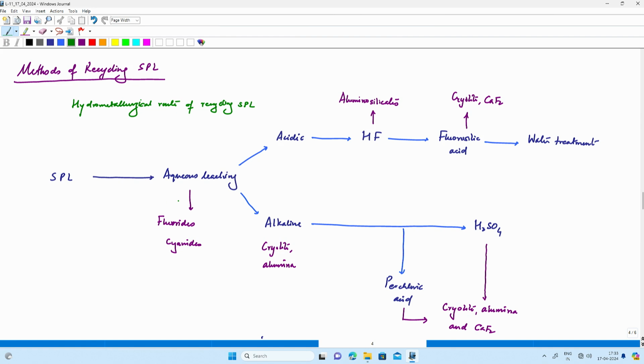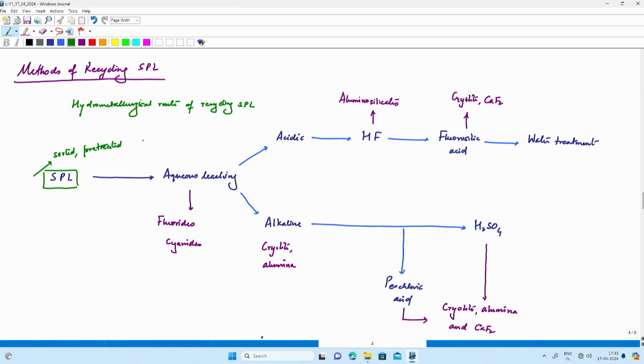So if we take SPL, and of course here we make the common assumption that it is characterized, sorted and pre-treated.